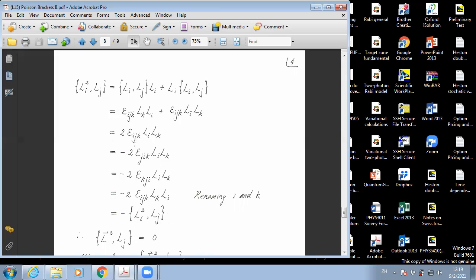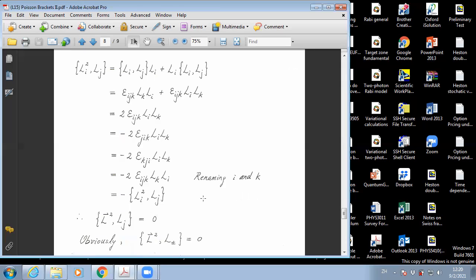So here, epsilon ijk, and then we perform cyclic permutations. Then we have kji, right? And then renaming i and k because they are dummy indices, we get back epsilon ijk Lk Li, all right?